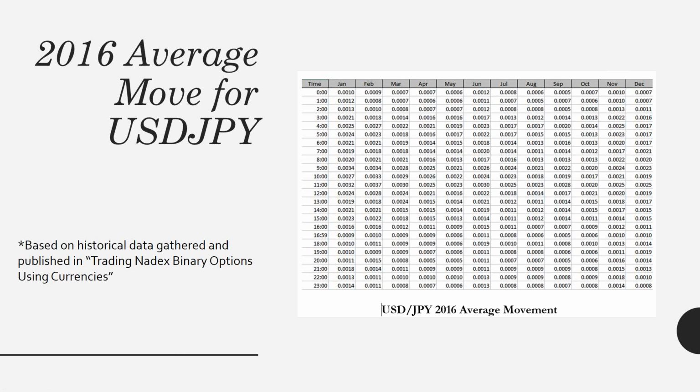Do y'all understand that? Now compare that to, for example, January, because we're coming up in January. From 8 to 9, it moves 34 pips. From 9 to 10, the average is 27. From 10 to 11 is 32. So the same thing for February, the same thing for March, okay?